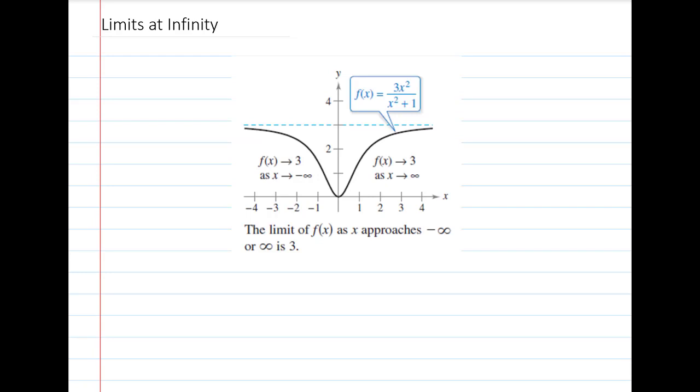doesn't exist. So let's consider this function here, f of x equal to 3x squared over x squared plus 1. So it's a rational function. You have the graph here. Notice how as x goes to positive infinity or negative infinity, the function seems to be approaching the value of 3, right? So there's actually going to be an asymptote there.